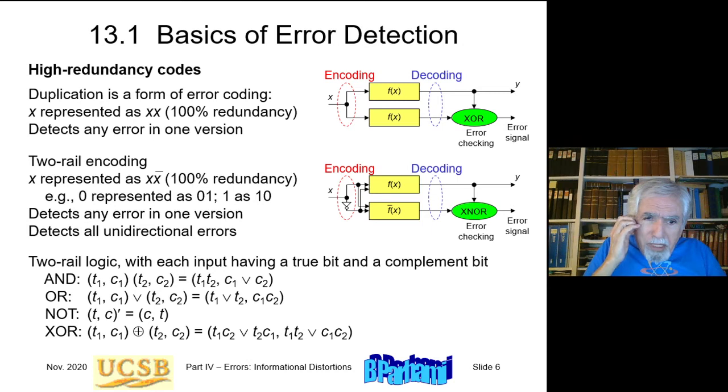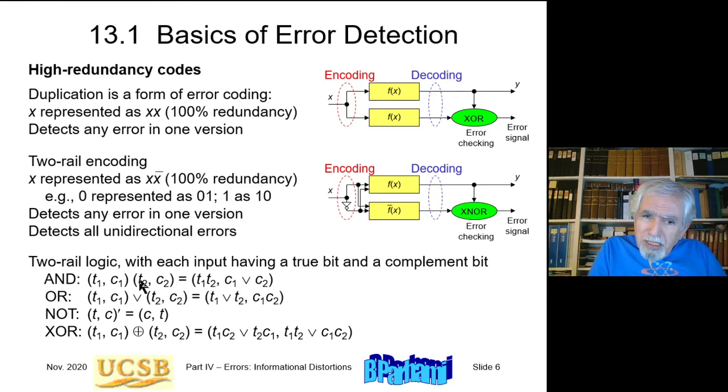And then we can implement two-rail logic where if you have a signal T1, C1, this is the true form of the signal, this is the complement form. And T2, C2, a second signal. If you want to AND those two signals together, you basically AND the true parts and OR the complement parts. So you still get a two-rail signal, which is the logical AND of these two.